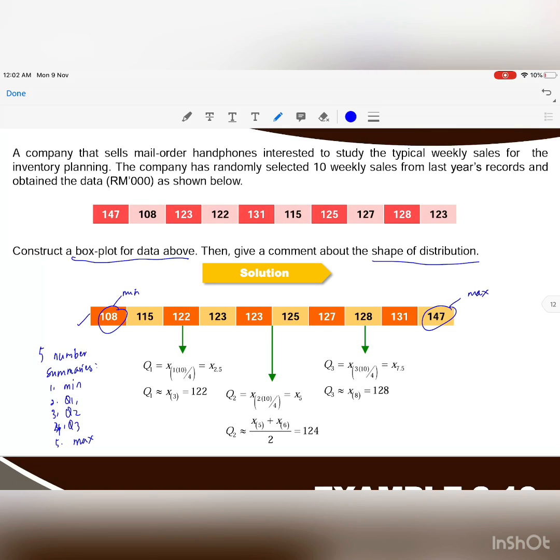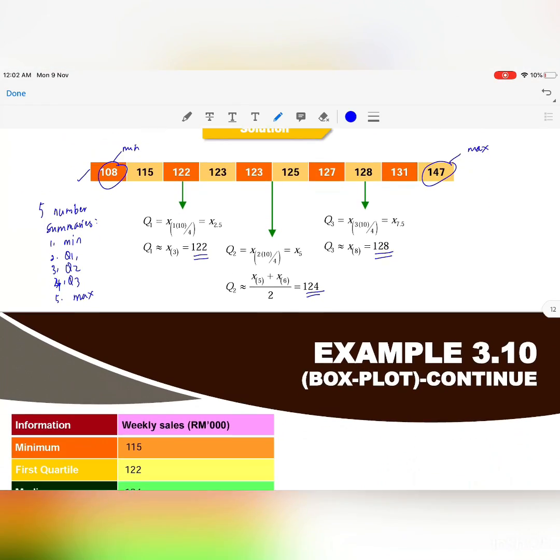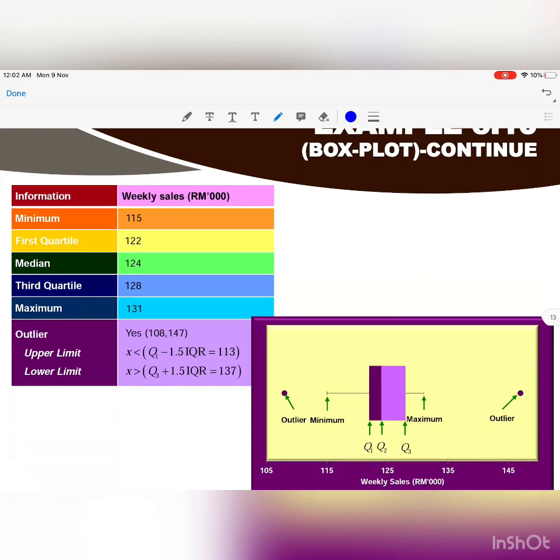Find Q1. So Q1 here, we get 122. Q2, we get 124. And Q3, we get 128. So we have the 5 number summary. Then we can draw the box plot.